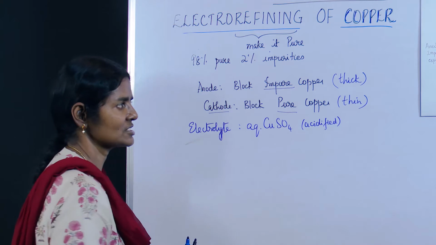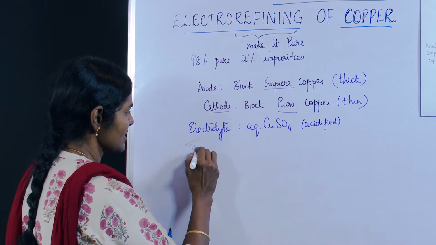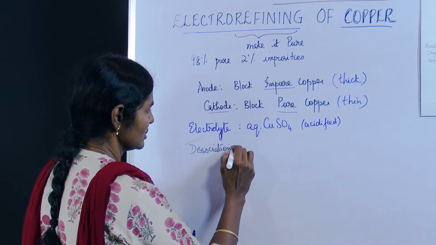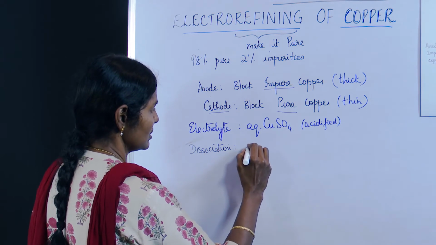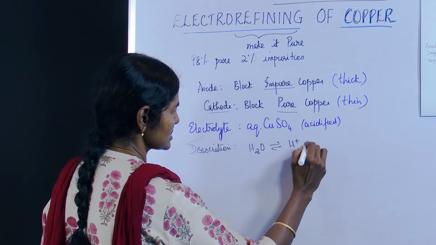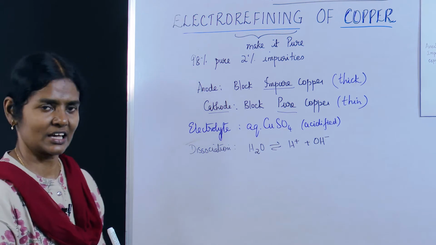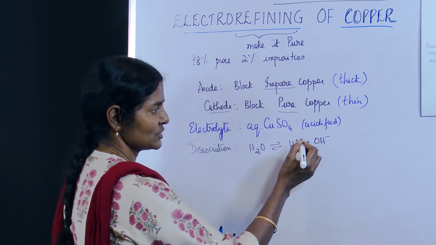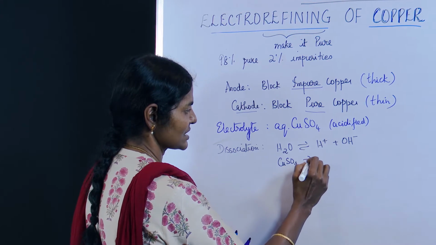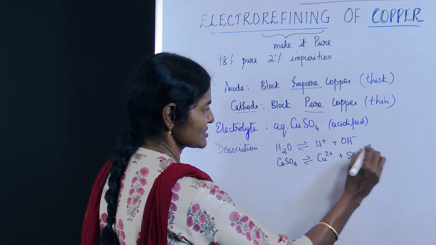Now when it is aqueous, the dissociation reactions would be, we are not taking the acid into account: water dissociates into hydrogen and hydroxyl ions, H plus and OH minus. Copper sulfate breaks down into copper ions and sulfate ions.